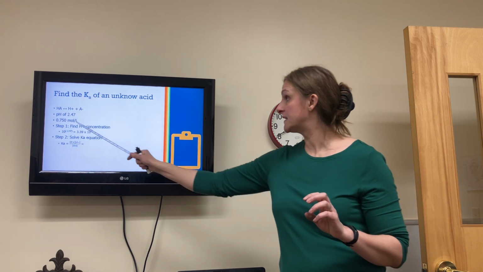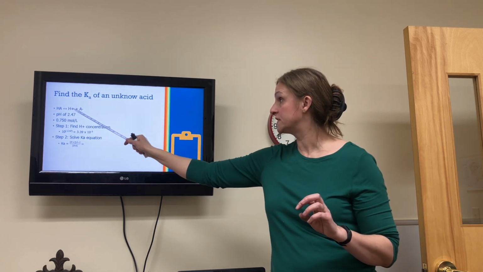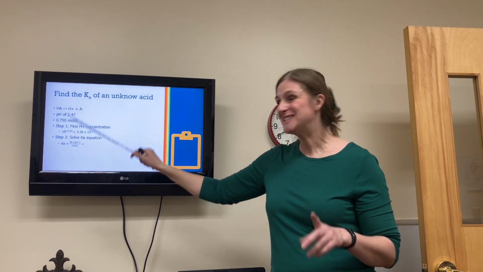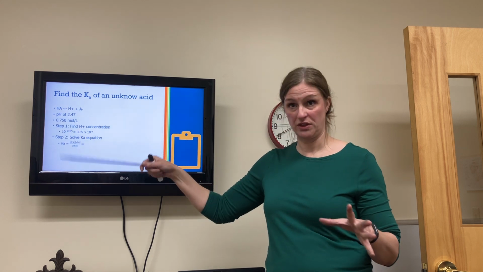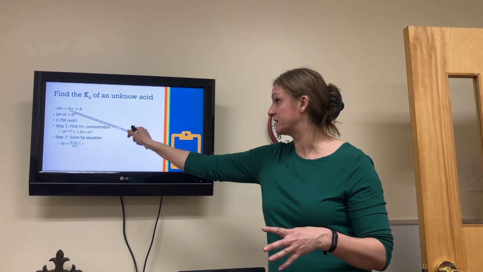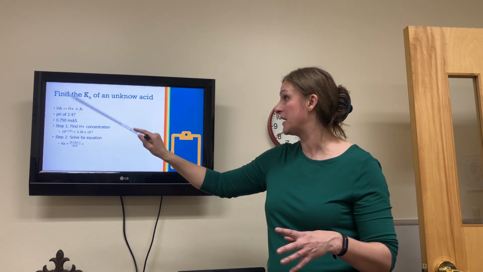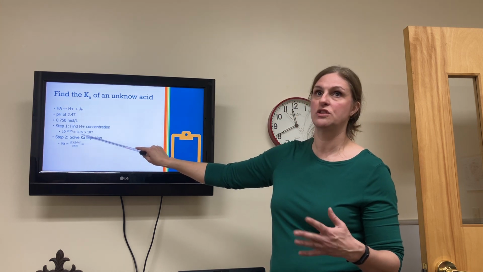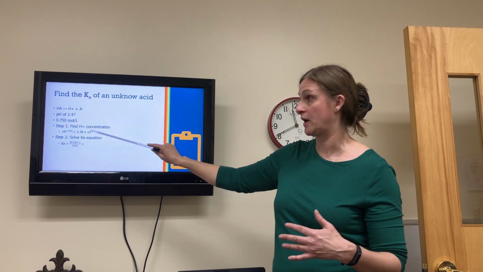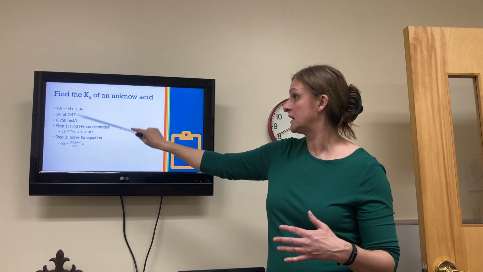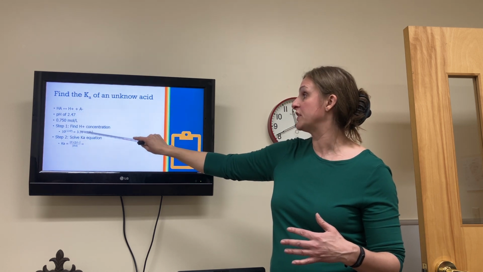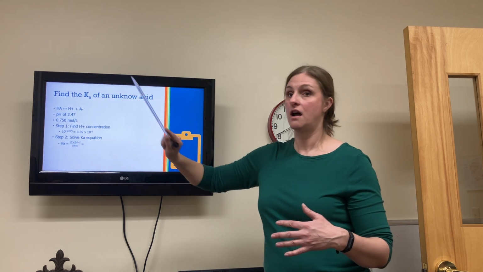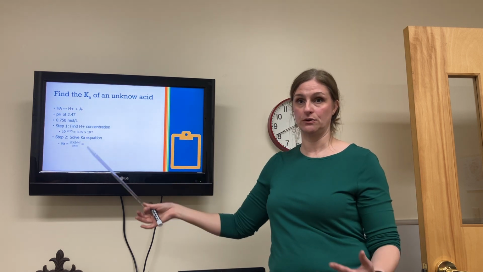Because I've lost 0.75 moles into this one and this one, I don't add them together, which kind of messes with you. You lose 0.339 times 10 to the negative 3 of each of these, but you only lose 0.339 of the acid that has disassociated.